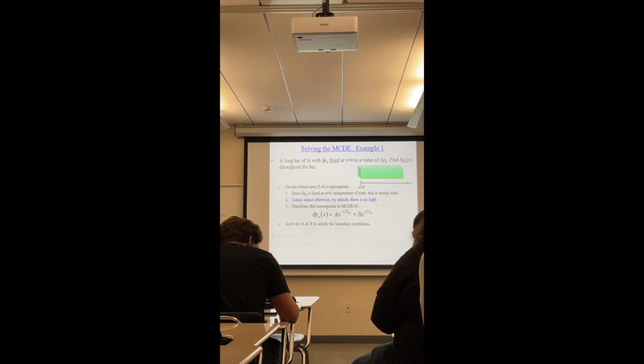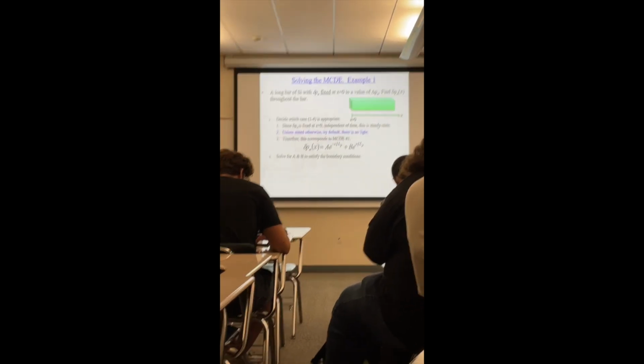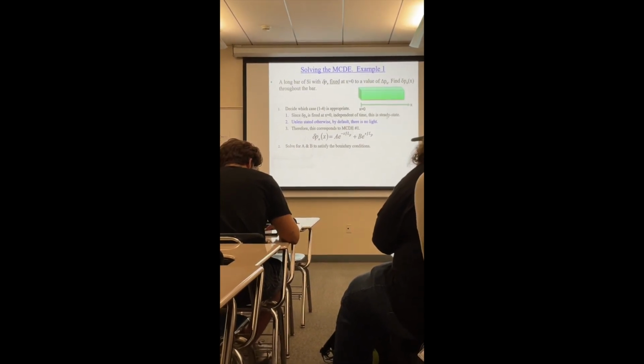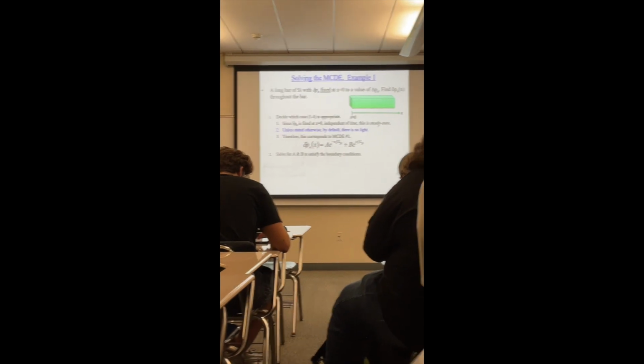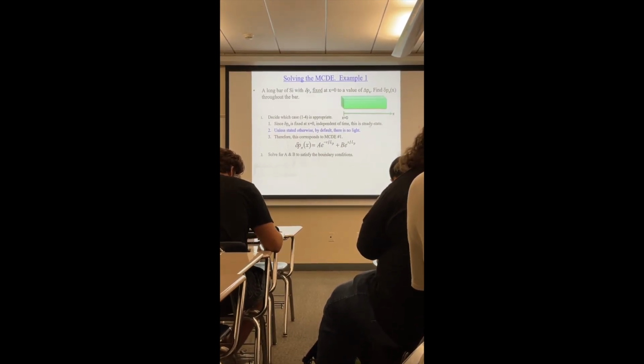At x equal to 0, we know the value, right? When x equal to 0, we have delta p sub n equal to this delta p sub n. Okay, so this is one boundary condition.